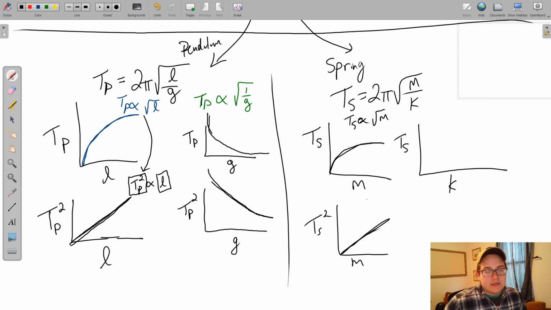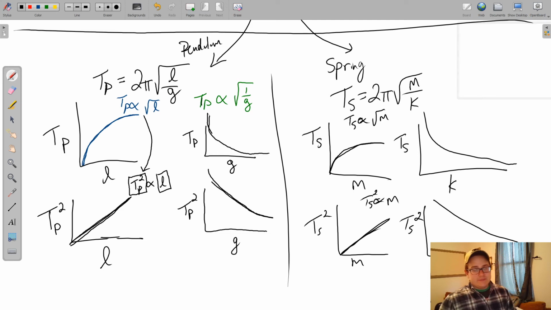So square both sides, and you get period squared is proportional to mass. Same thing for k, it's going to follow a very steep inverse. So we're able to linearize our data a little bit, not quite 100%, but definitely get on the right track by squaring that.